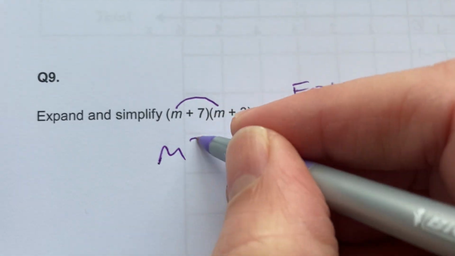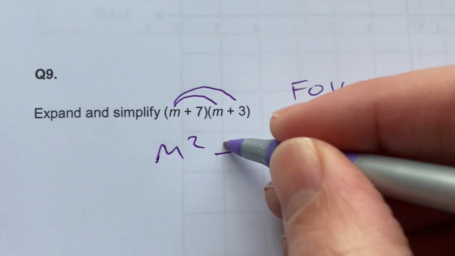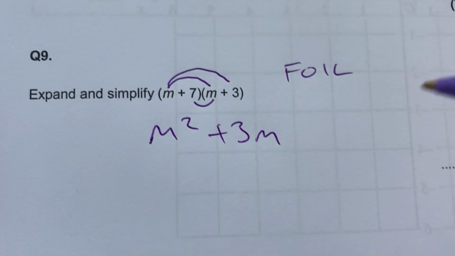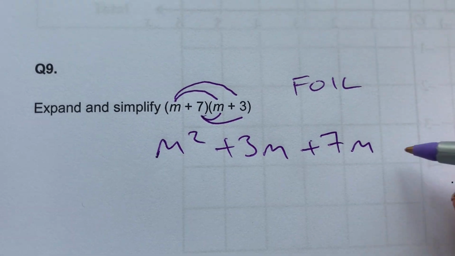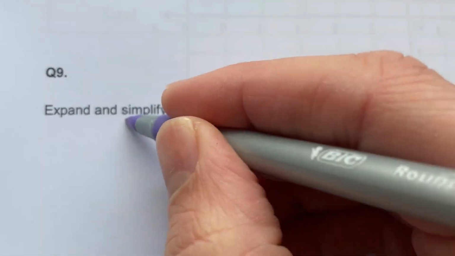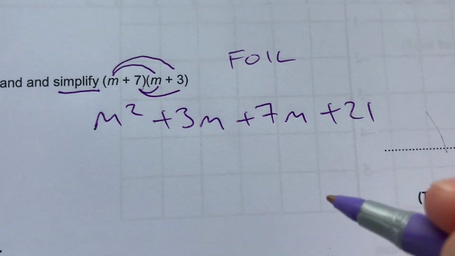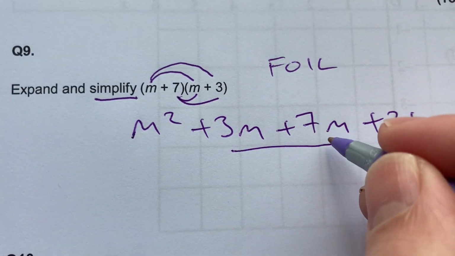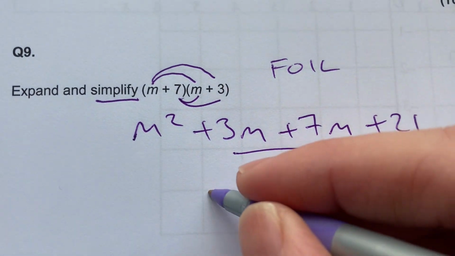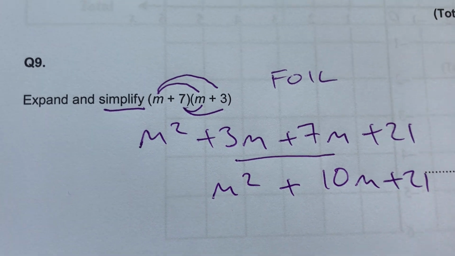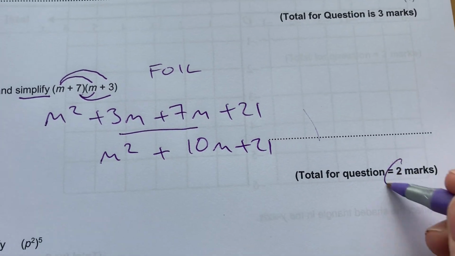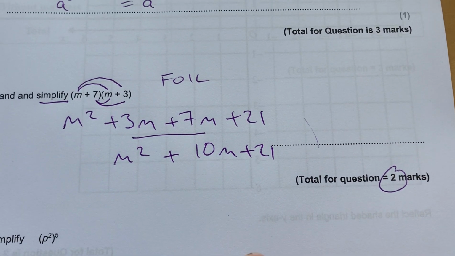So m times m is m squared, m times 3 is 3m, m times 7 is 7m, and 7 times 3 is 21. Then you simplify. So I've expanded, and now I'm going to simplify. The only common terms are the 3m and the 7m, m squared plus 10m plus 21. And that should get you 2 marks there.